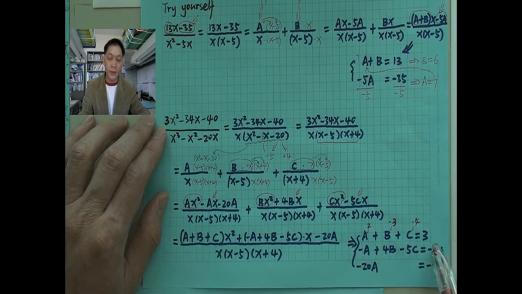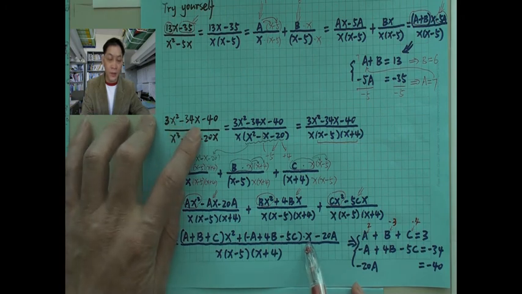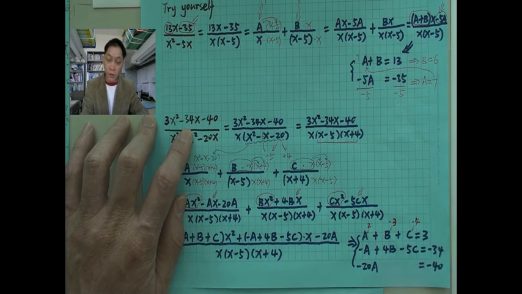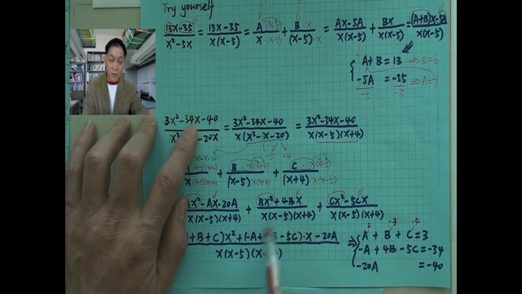And then the coefficient of x here is negative 34. Here is negative a plus 4b minus 5c. So this whole quantity has to be negative 34.